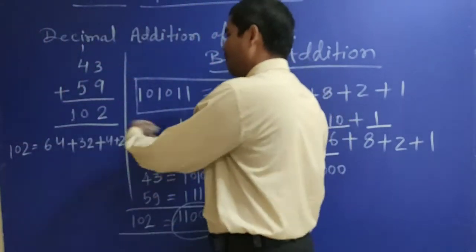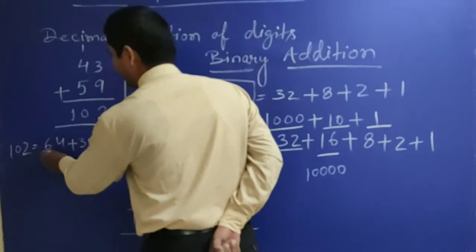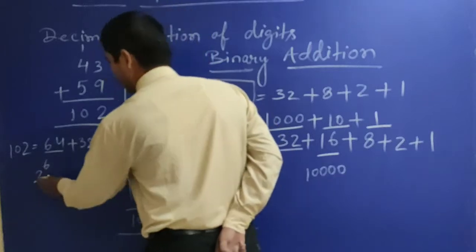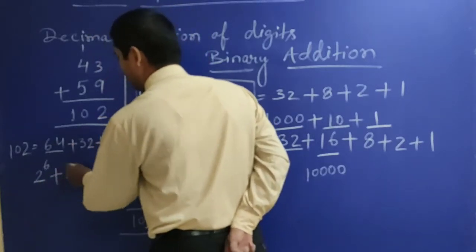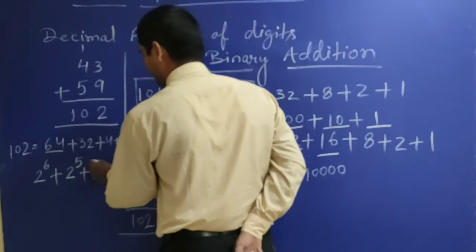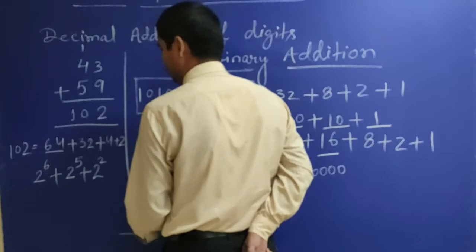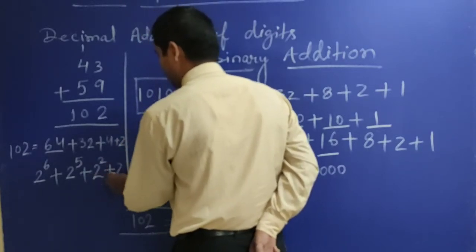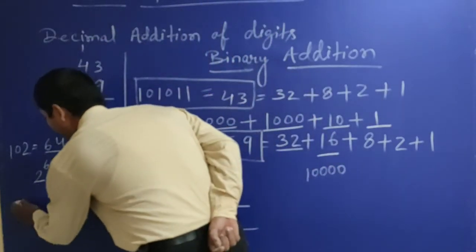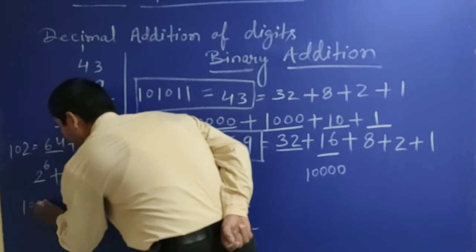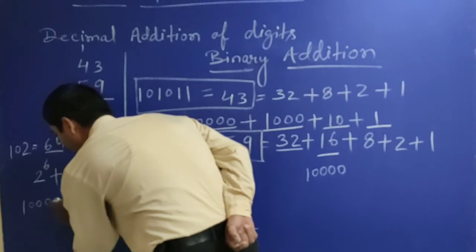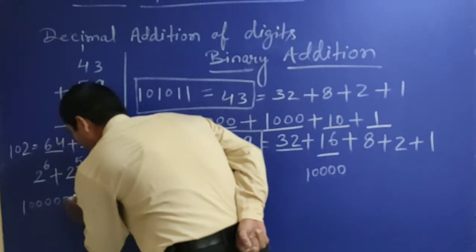Now we will add these numbers. 64 is 2 to the power 6, plus 2 to the power 5, plus 2 to the power 2, plus 2 to the power 1.